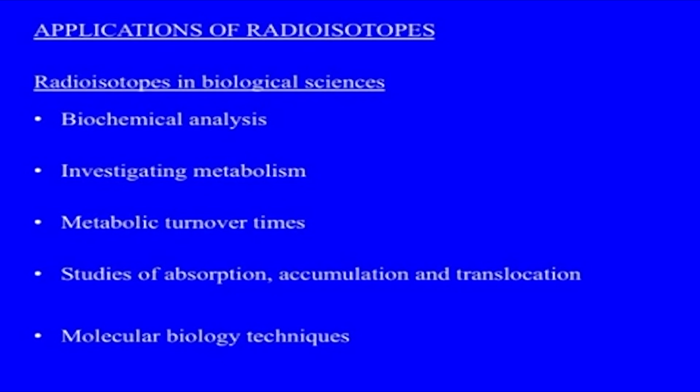Then, in a lot of different aspects of metabolism, where research is going on, radioisotopes could be utilized. For example, radioisotopes are frequently used for tracing metabolic pathways. It involves adding a radioactive substrate, then extracting and separating products from samples taken at various times.